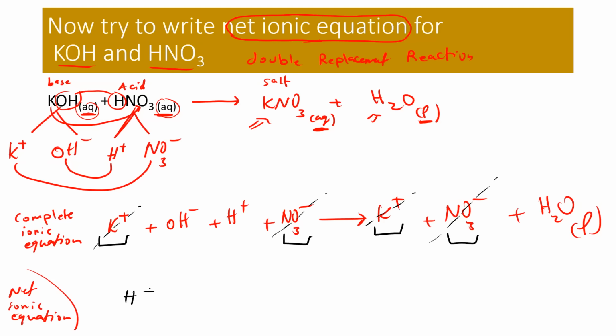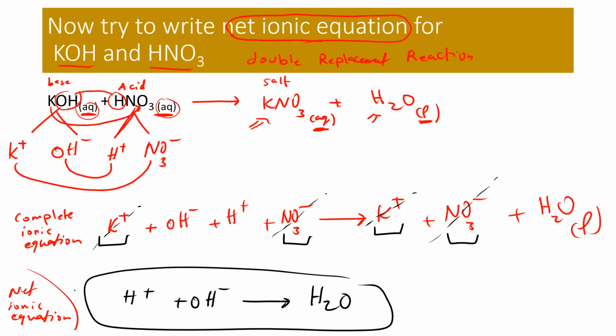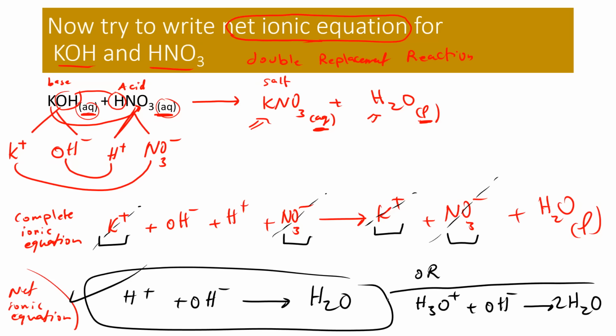You will get H plus and OH minus gives me H2O. This is the net ionic equation. We remove the similar ions on the right and left and write the rest. Or you can write it as H3O plus and OH minus gives me 2H2O. Both are correct. It's either this one or that one.